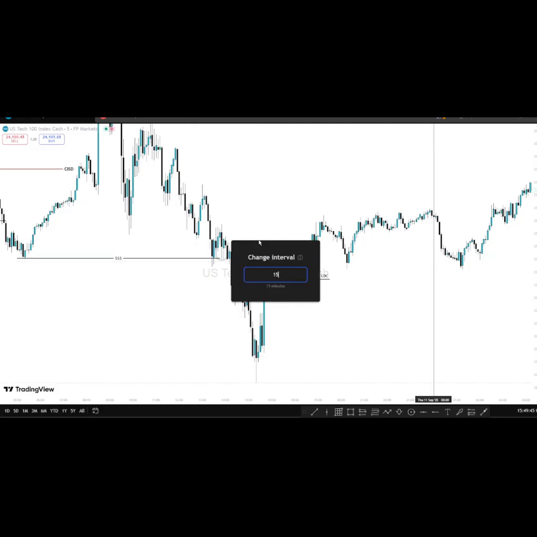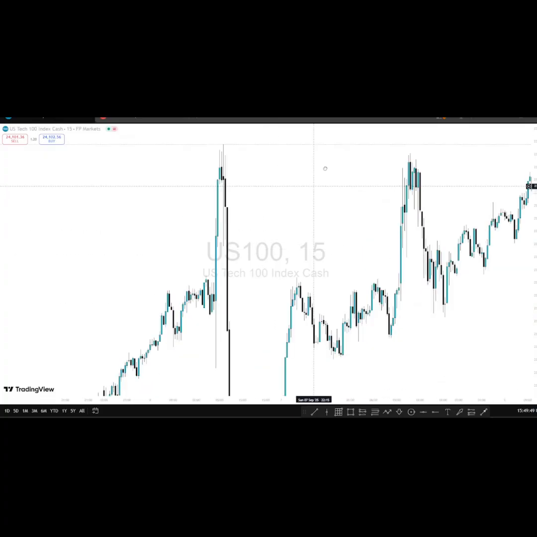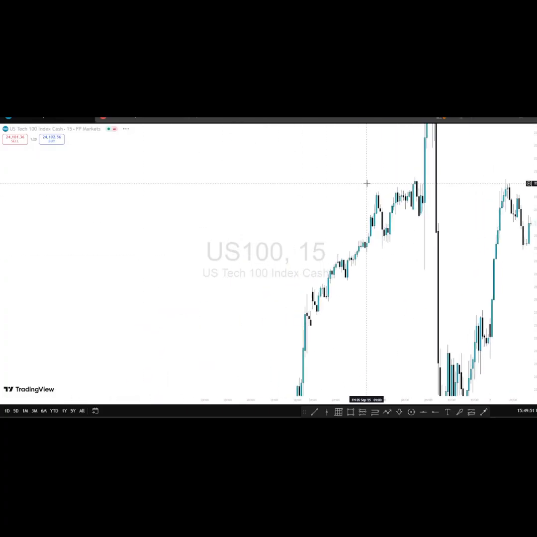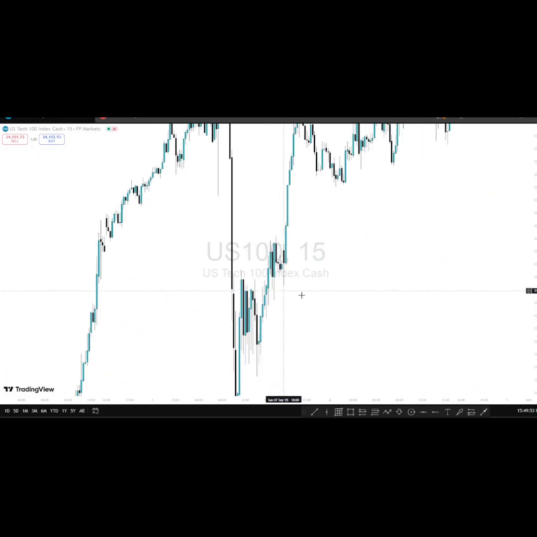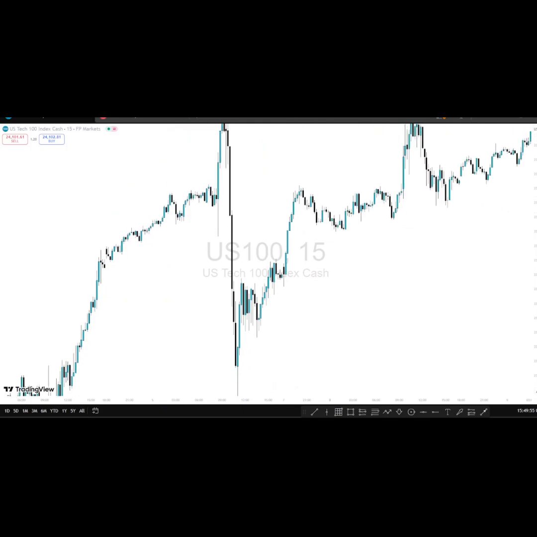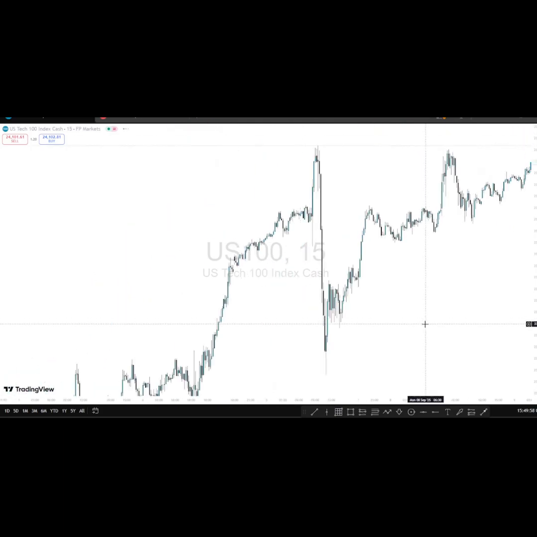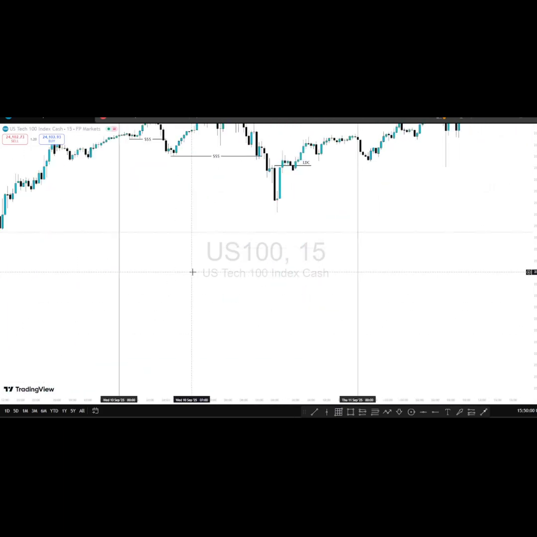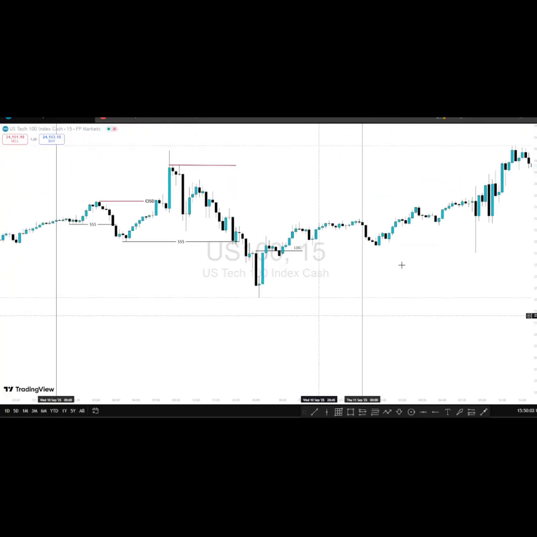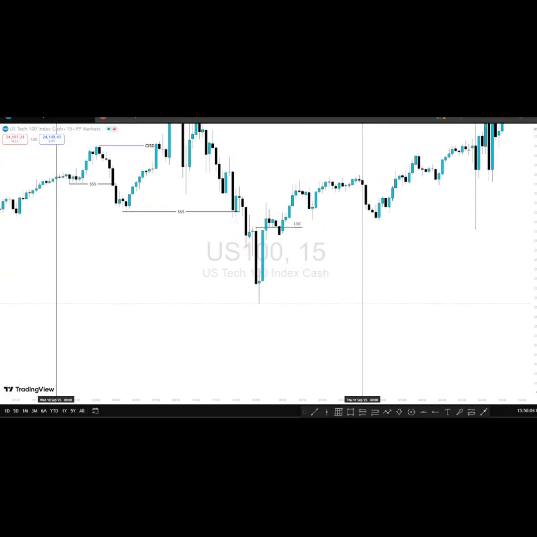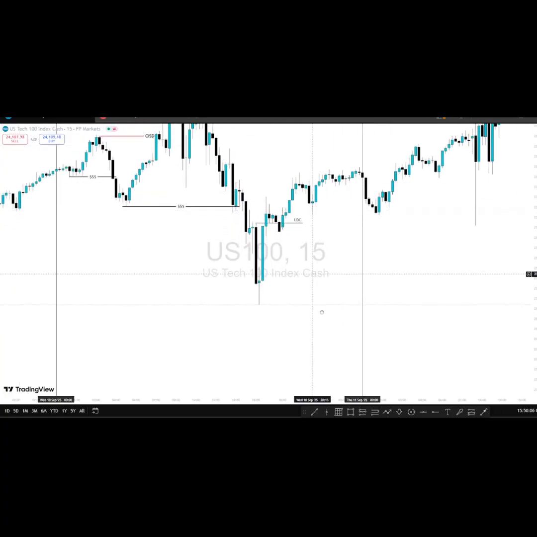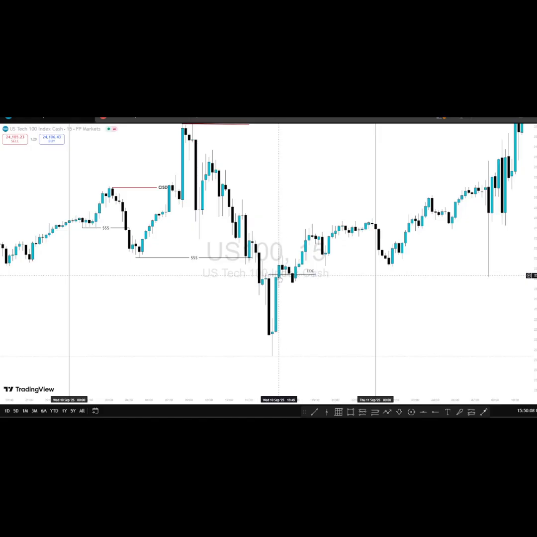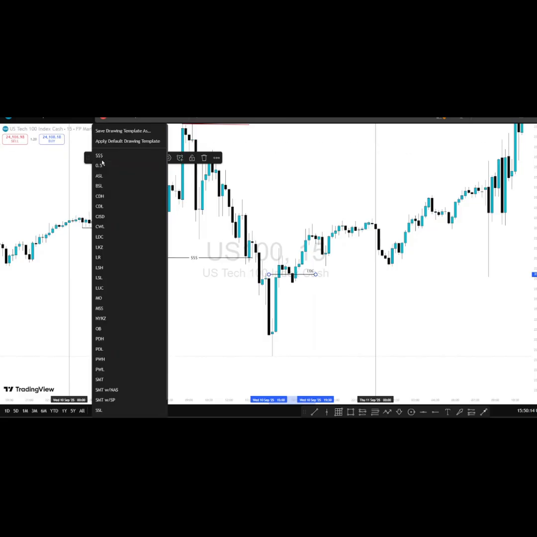Let us look at it from the 15-minute angle so that you can see it better, and then we will go back to the 5-minute, where I will show you my entries. You can see that price closed above, so that becomes a change in state of delivery, CISD.